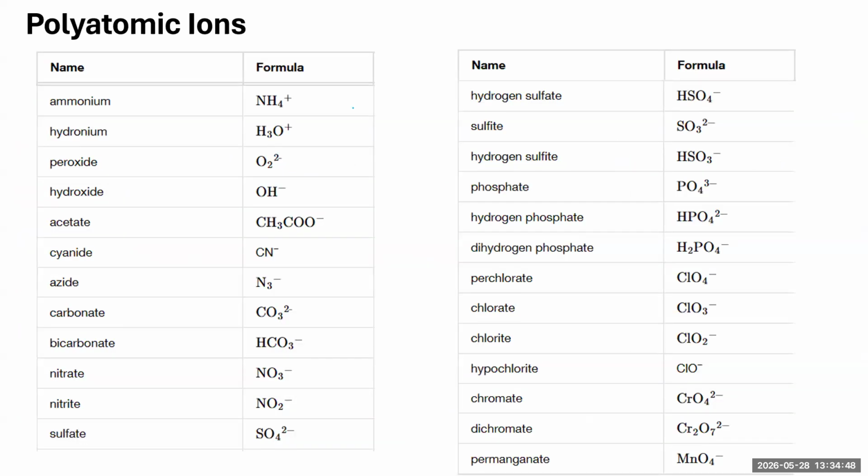We also have things called polyatomic ions. We covered this briefly before. Again, ions, right? That positive sign means it lost one electron. This here gained two electrons. This one gained three electrons, right?